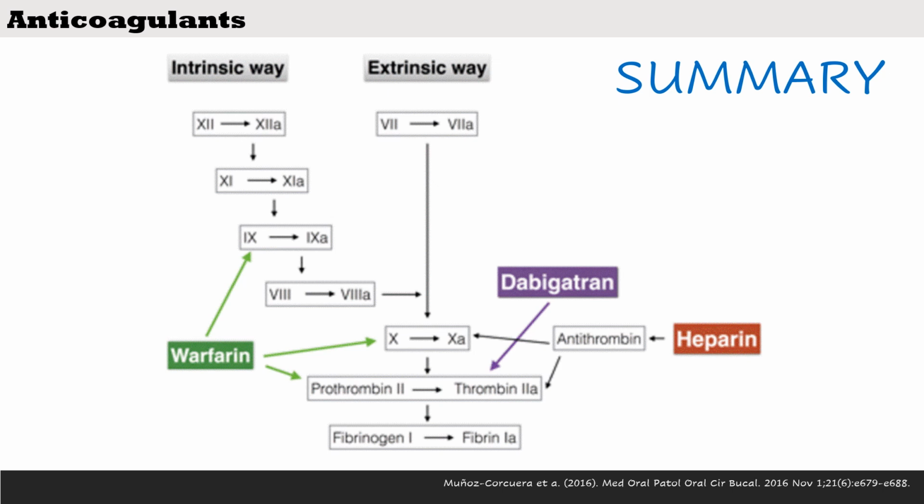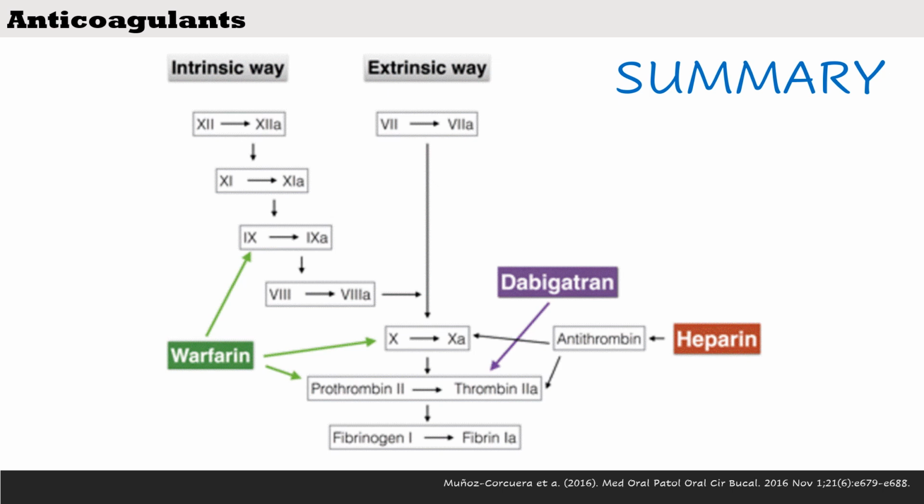Okay, so this slide just summarizes where warfarin, heparin, and dabigatran act. As I mentioned, factor 10 is the common pathway between the intrinsic and extrinsic factors. Warfarin can block different factors: factor 10, factor 9, and prothrombin too, so it takes time before you see the effect of warfarin.